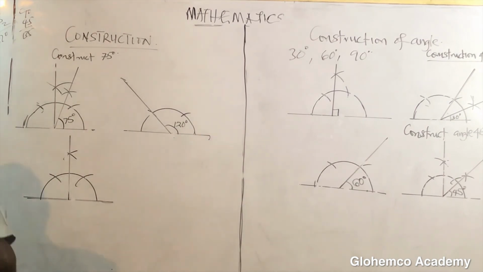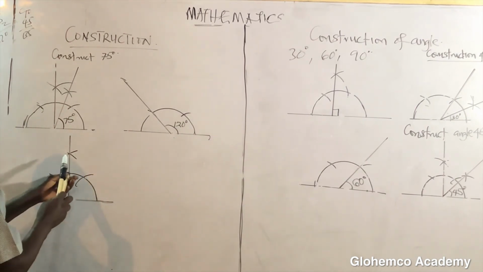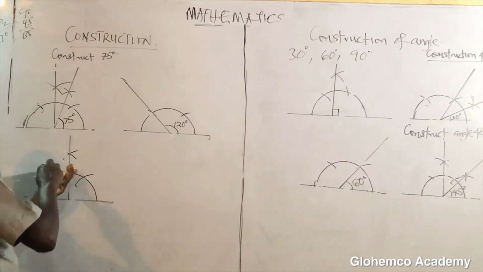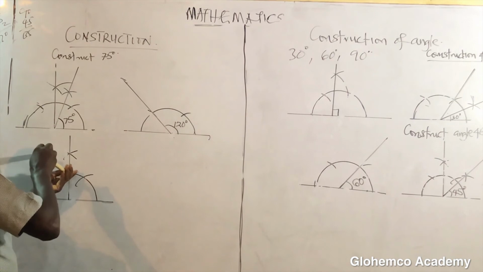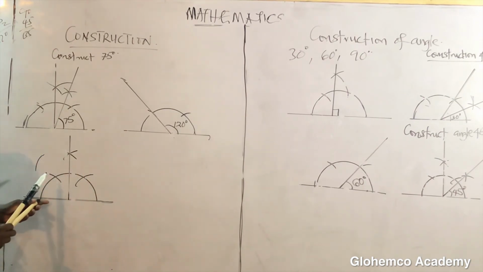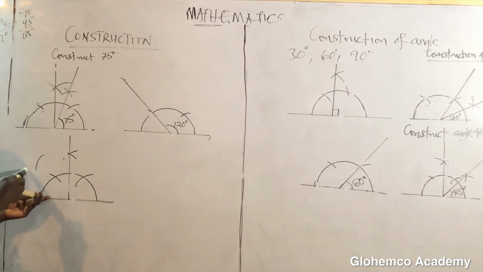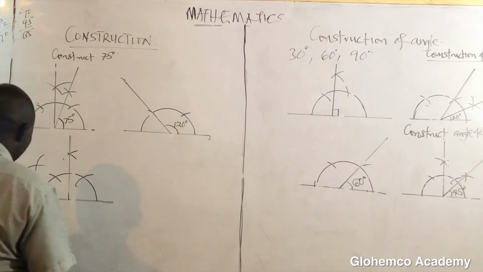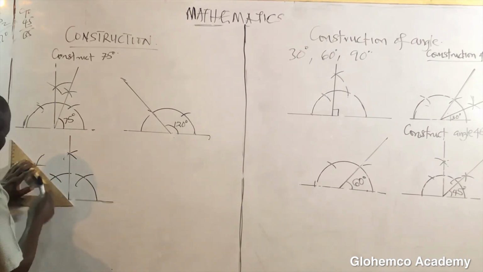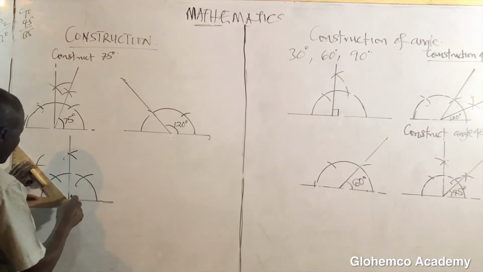In this case, if you have to bisect 90, I said the other time, take your compass here, open it to a length, and make an arc. Come back here, this is angle 90 again, and make another arc. You have it that way. Once you have it that way, the next thing is we are to join our line this way. Once you join it this way, we have something like this.